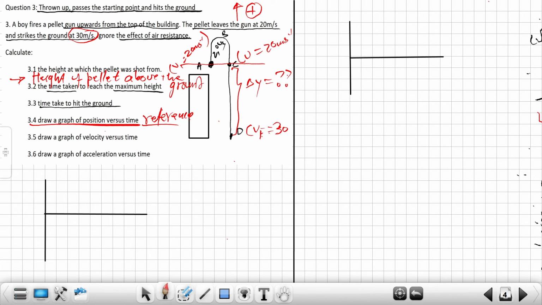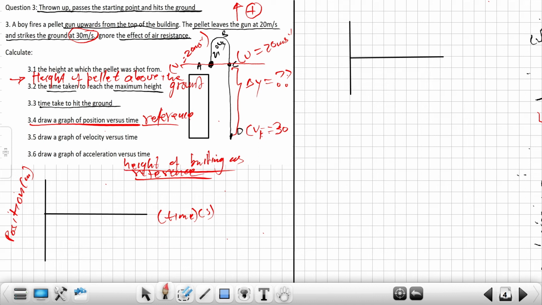So this one will be position in meters, and then this one will be time in seconds. So this one that I'm going to draw here, I'm going to use height of building as reference.